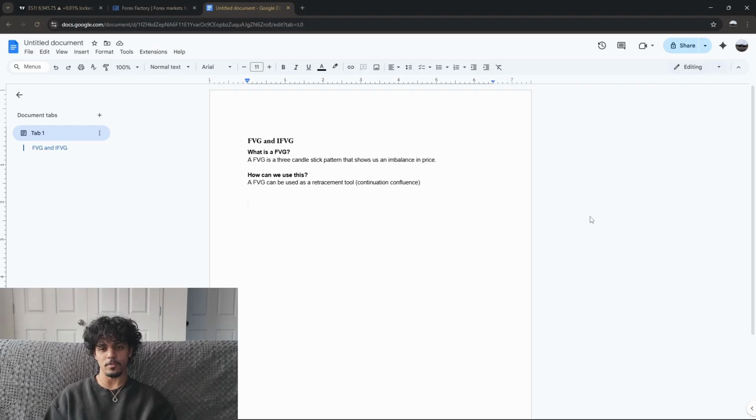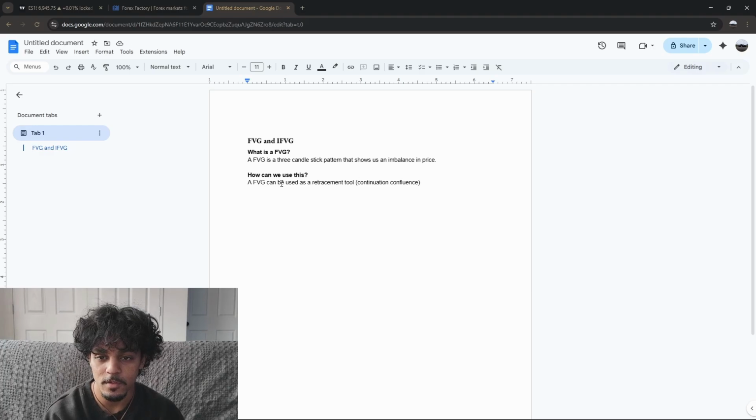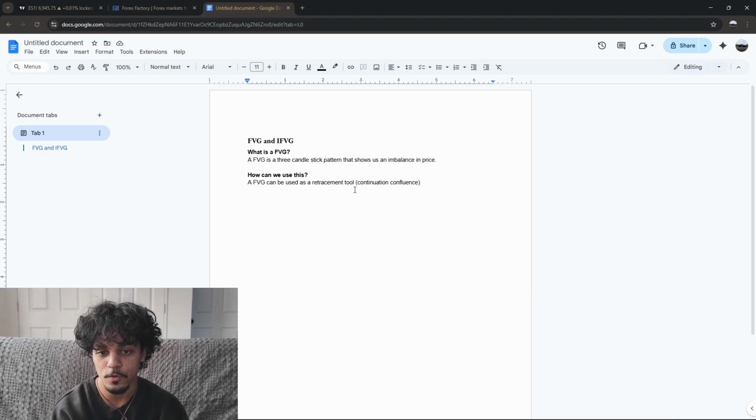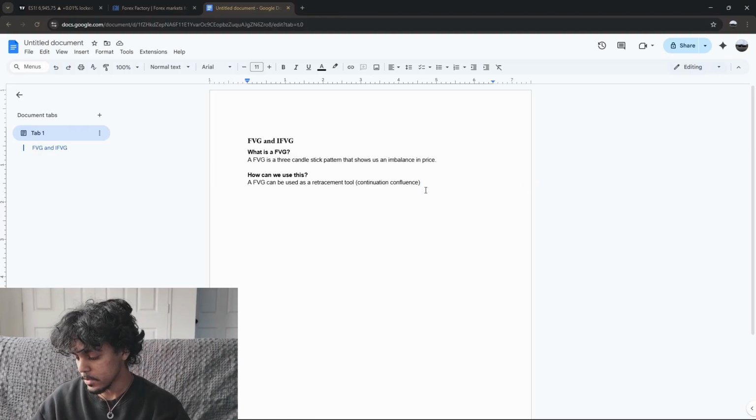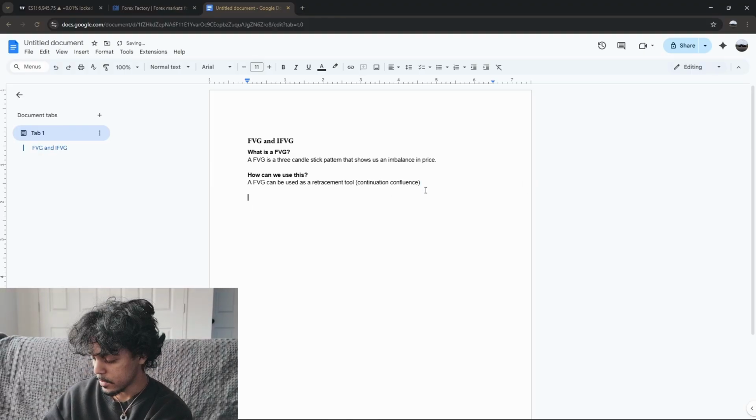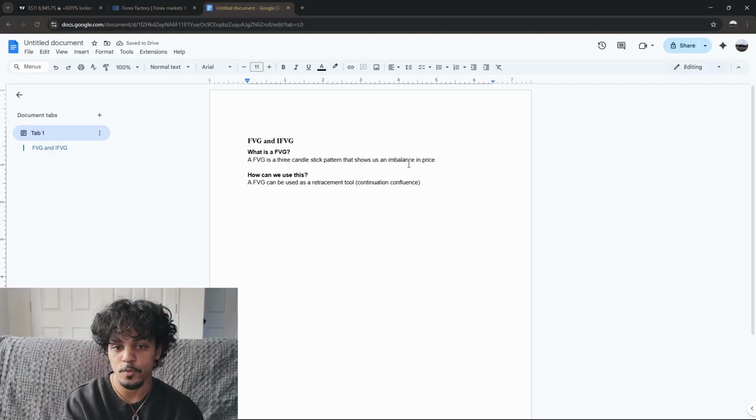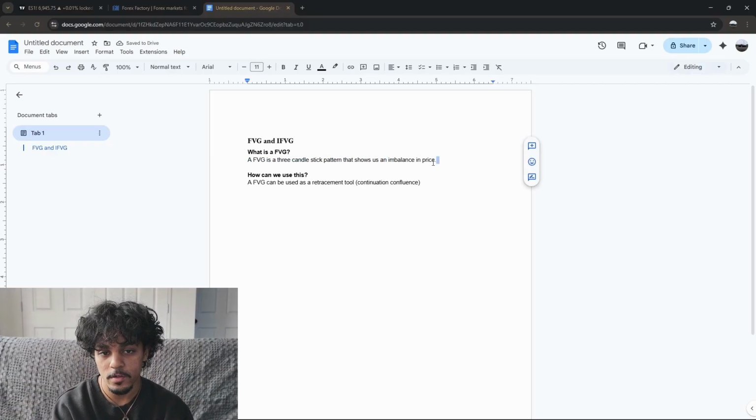How can we use fair value gaps? As you can see, a fair value gap can be used as a retracement tool or a continuation confluence. This is because we have an imbalance in price.